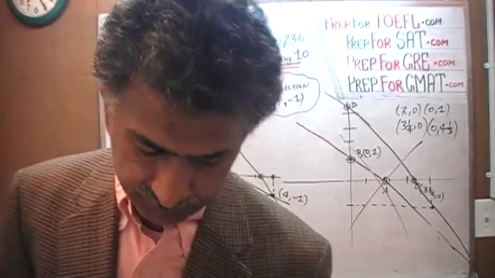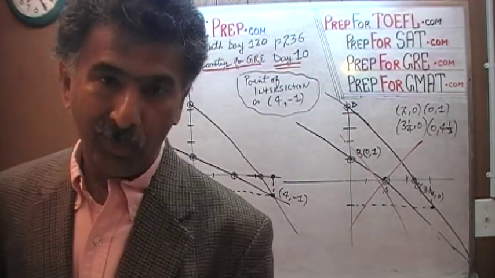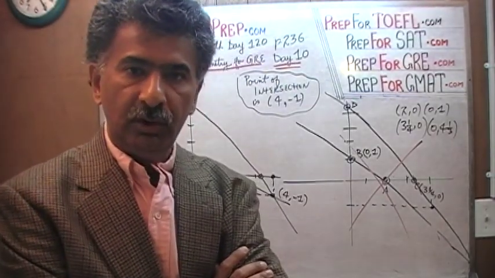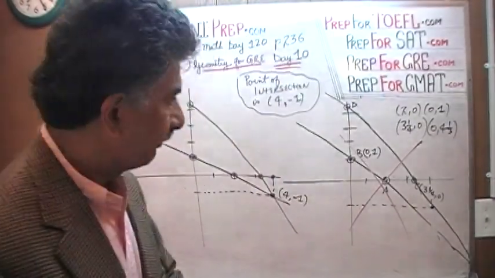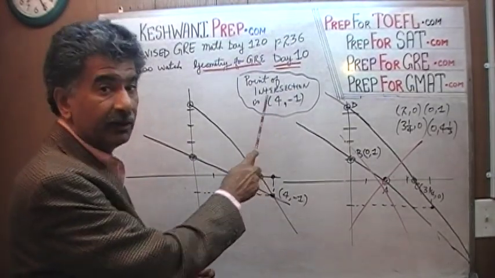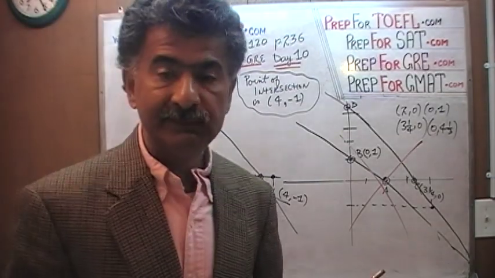Again, notice when we're plotting the graph for these two lines, we did not use the point of intersection as our one point to help us plot the graph, because that would defeat the purpose. The whole purpose was to show that this, in fact, is the point of intersection. So we can't use it itself. What we did is we used the two equations independently.